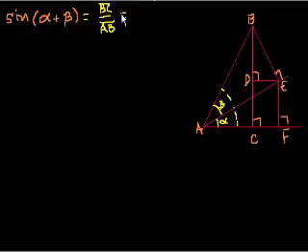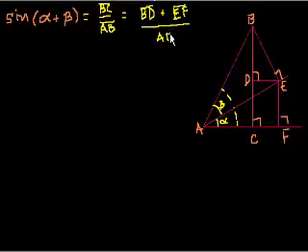But this is a horizontal line, so BC is the same thing as BD plus EF. So let's write that down. BC is the same thing as BD plus EF, and then still all of that over AB. All I did is I rewrote BC as a sum of this segment and this segment, which should make sense to you, hopefully.